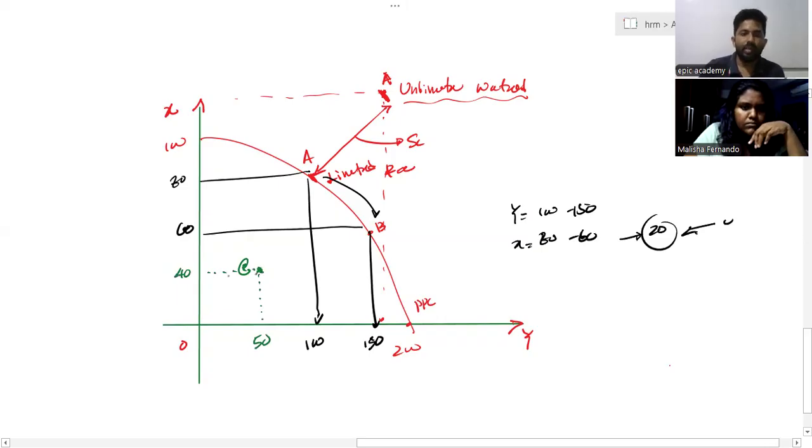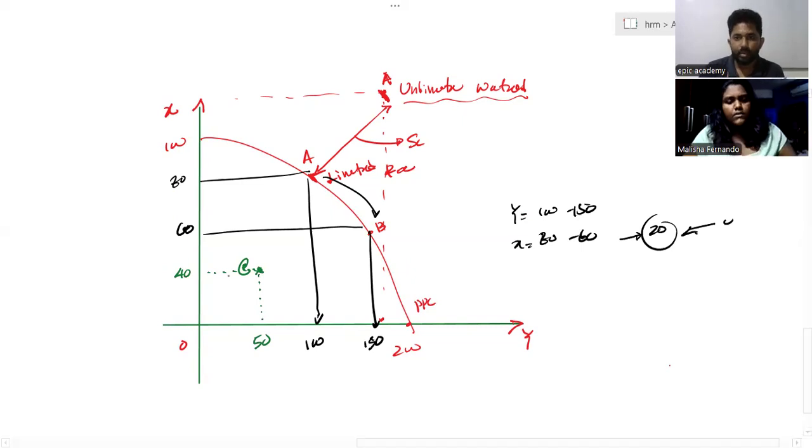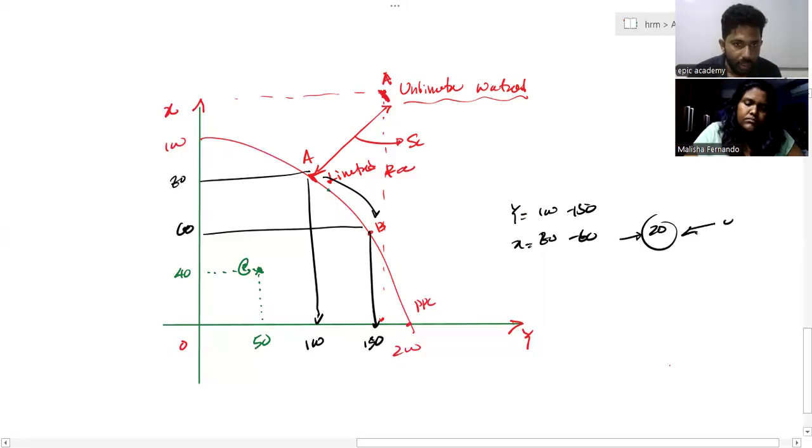So this represents the inefficiency of production. Why? Because they can produce this amount. This is the maximum possible output. But their production is very low compared to the maximum. That represents the inefficiency level.